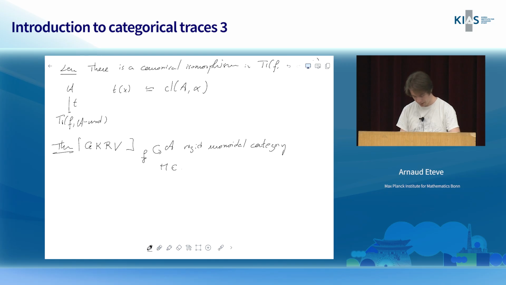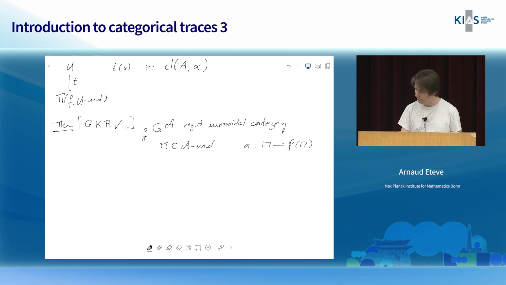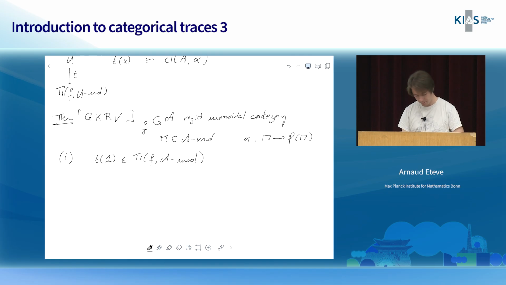M is an A module, together with a morphism alpha from M to f of M. And the theorem says two things. So you can look at the object T of the unit of A. So that is an object in trace of f on A mod.